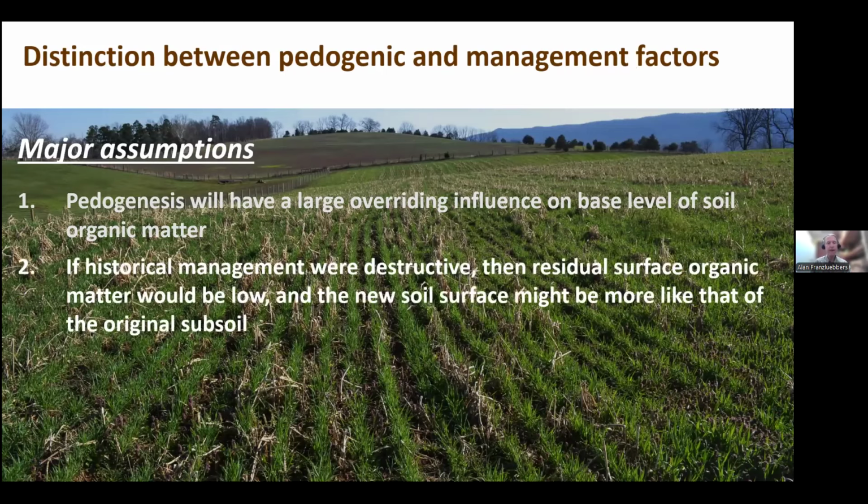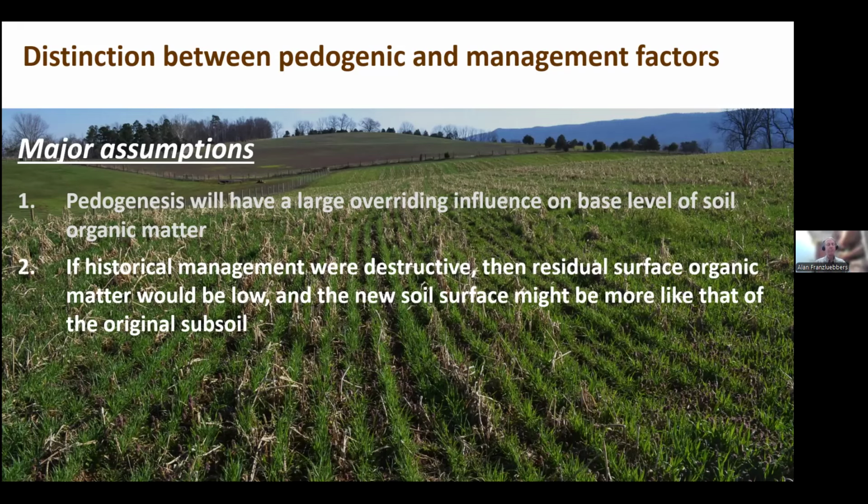If historical management were destructive, and I have examples in the southeastern US, in the Piedmont, we have enormous amounts of historical erosion, and this is a true fact here, then residual surface organic matter would be low, and the new soil surface might be more like that of the original subsoil. We can see evidence of that where we have extremely low organic matter at the surface because it's been eroded away.